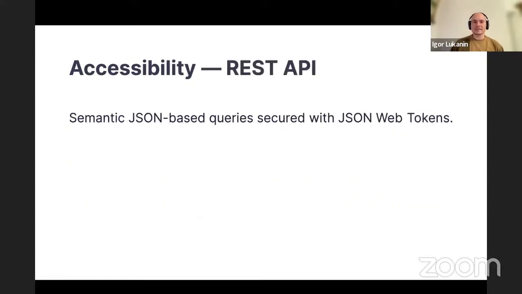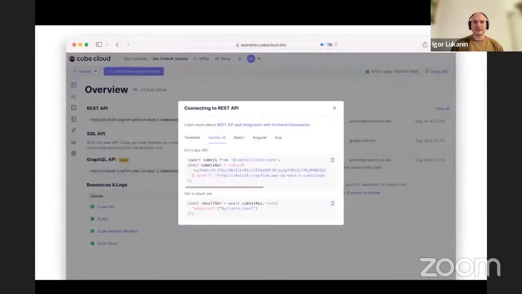So let's talk about the REST API specifically. The queries that you might be sending through the REST API look just like very concise JSON objects that describe the set of measures and dimensions that you'd like to query.